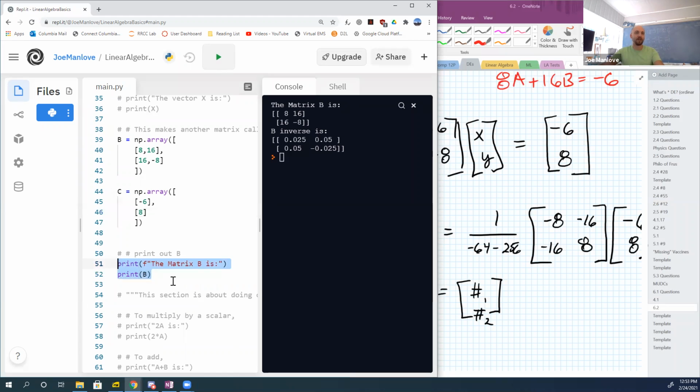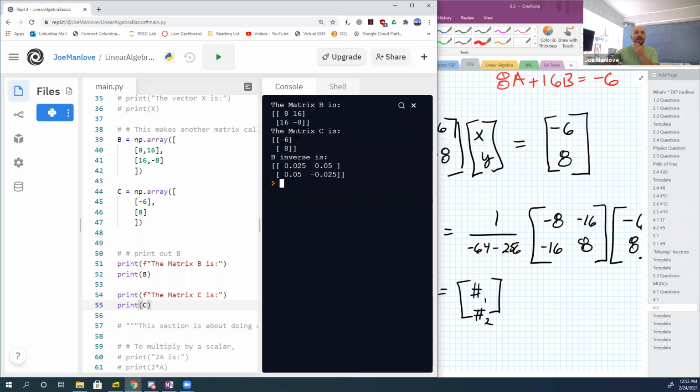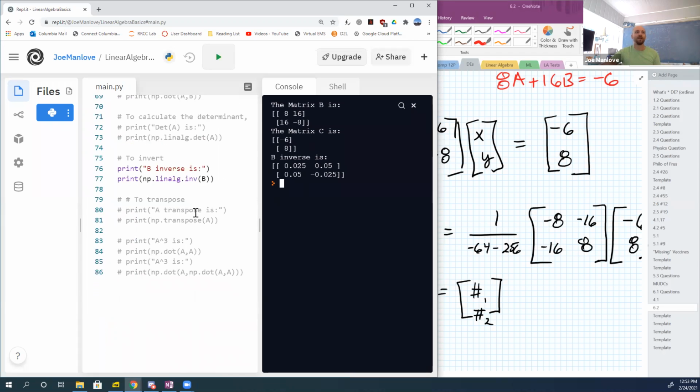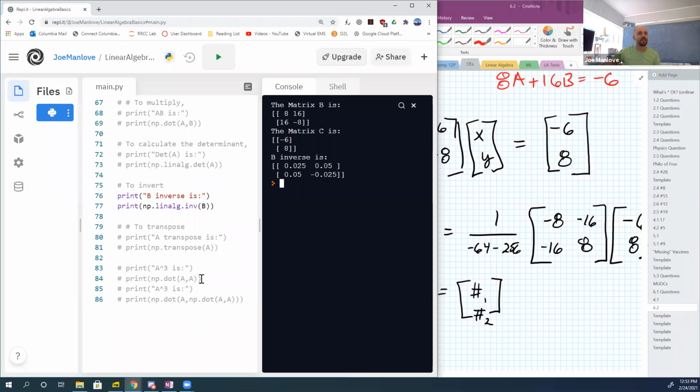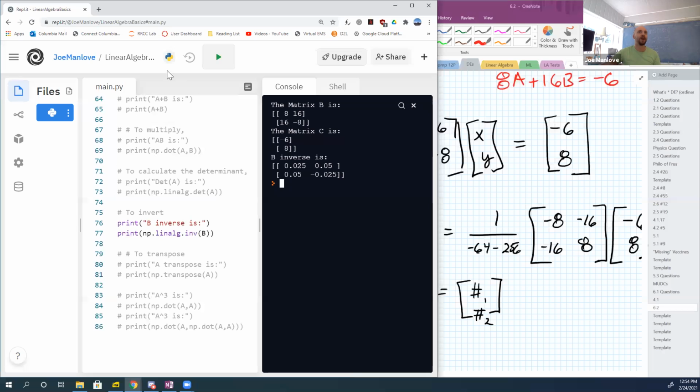And then we're going to copy this and change both things to C. Okay, so it looks like I've got matrix B, I've got matrix C. Now I want to go down here. Let's see. Okay, so you multiply using this dot thing. Oh, yeah, to multiply.